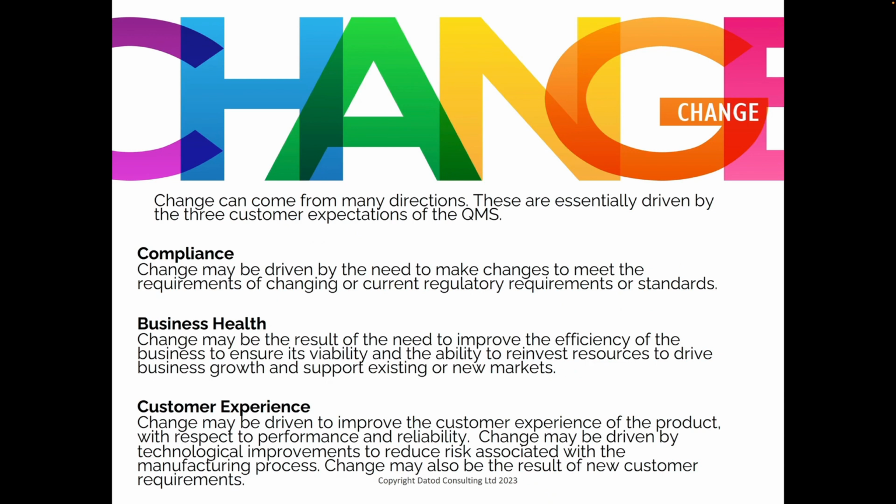The other group of change will be business health. The quality system is deeply embedded and integrated within the manufacturing system, and change may be driven by the need to improve the efficiency of the business, to ensure its viability, and to ensure that the shareholders get their reward in terms of recompense.